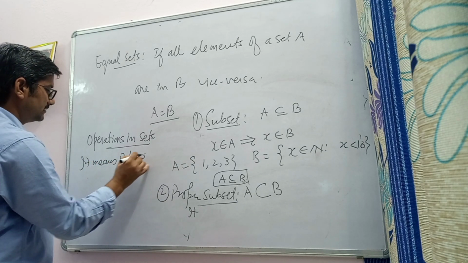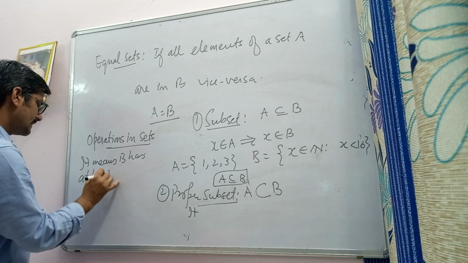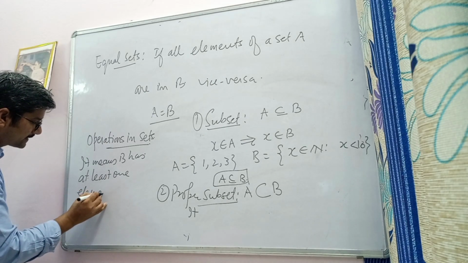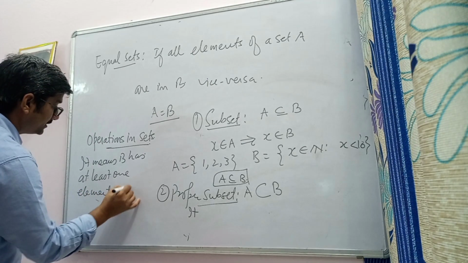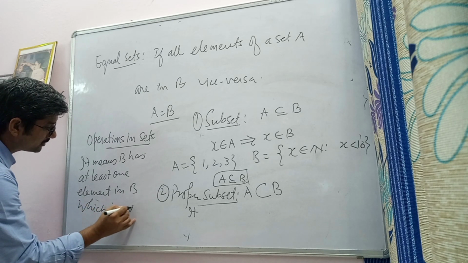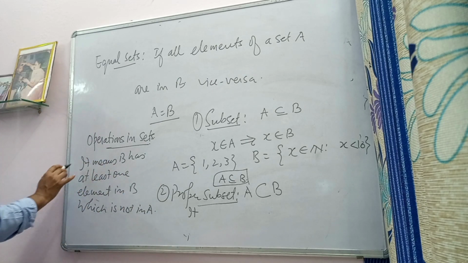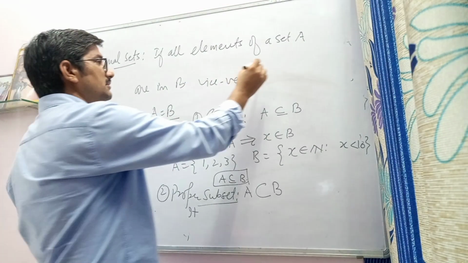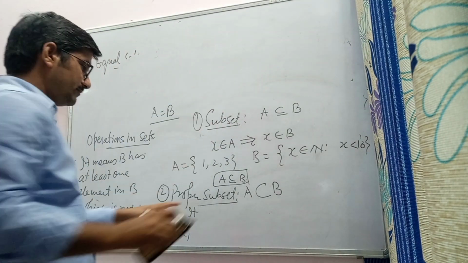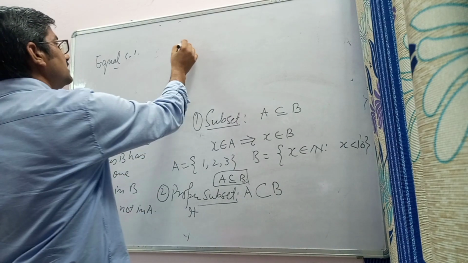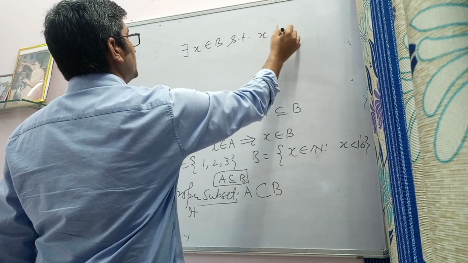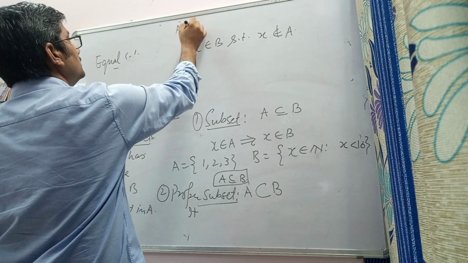It means B has at least one element in B which is not in A. In symbolic form, we can write there exists, if A is a proper subset of B, there exists an x in B such that x is not in A. Keep in mind this is the basic definition.